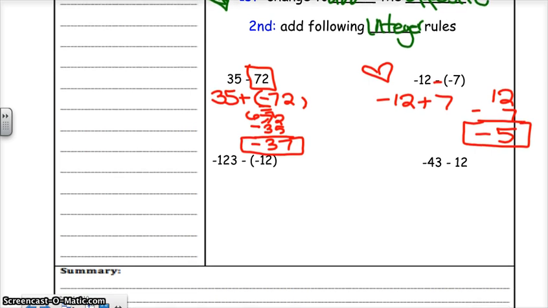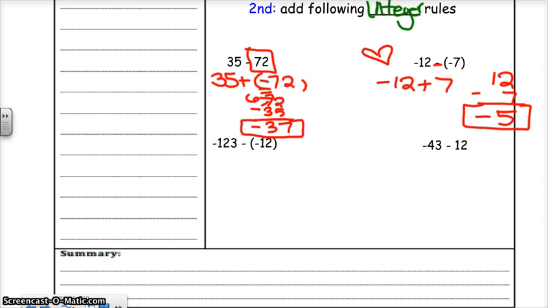Okay. The next one, negative 123, take away a negative 12. I see subtraction right away, so I know I need to add the opposite. So it's negative 123 plus the opposite of negative 12, which is just positive 12. Now they're opposite signs, so I take their difference.